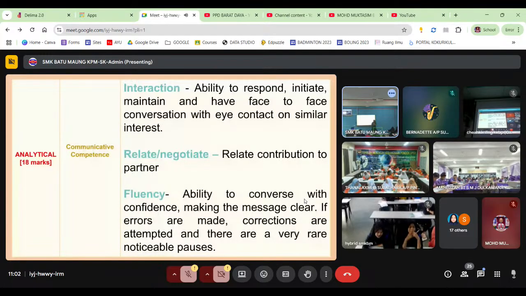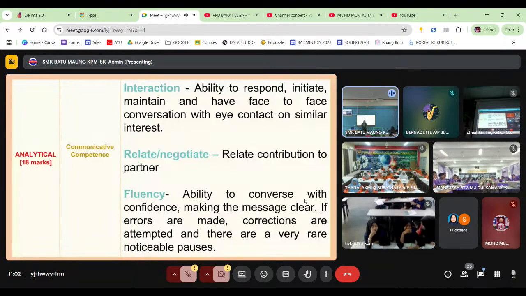Understand? So when it comes to communicative competence, there are 3 aspects that you need to pay attention to: interaction, relating to your partner, and fluency.